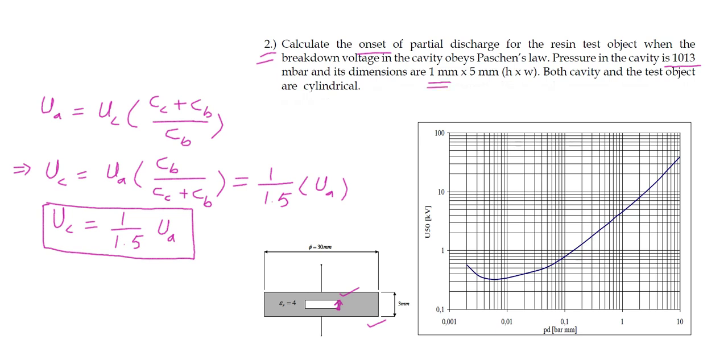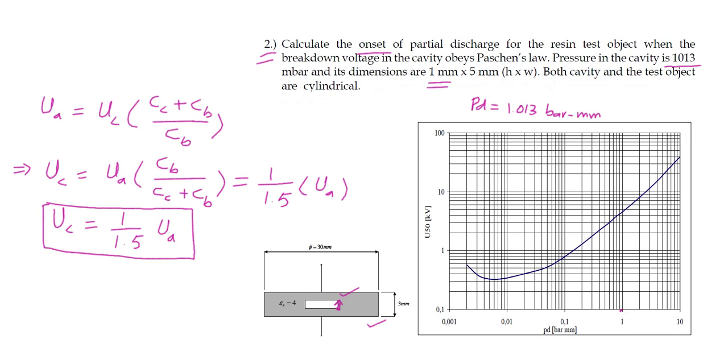So PD will be equal to pressure multiplied by the gap distance, so we will get 1.013 bar mm.